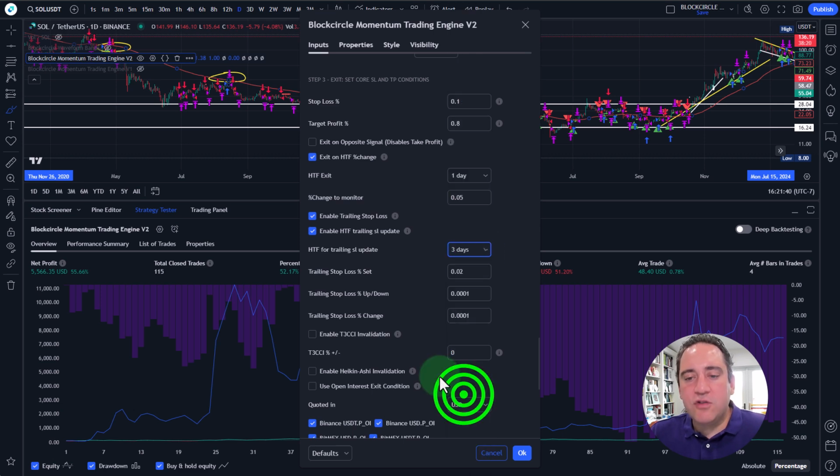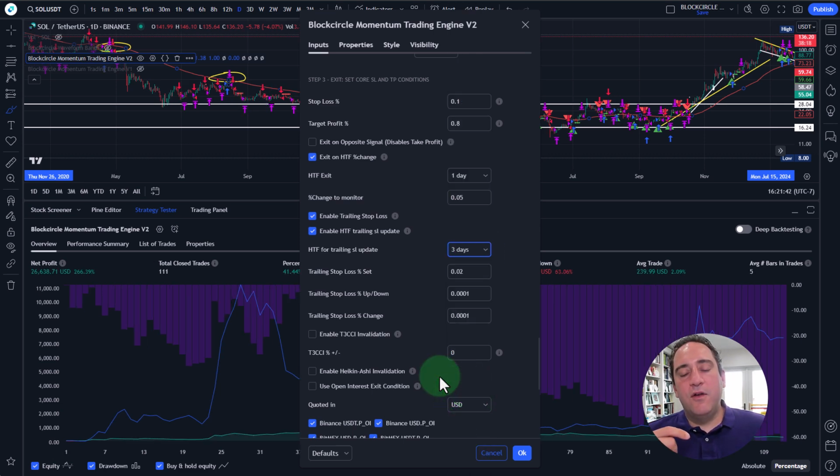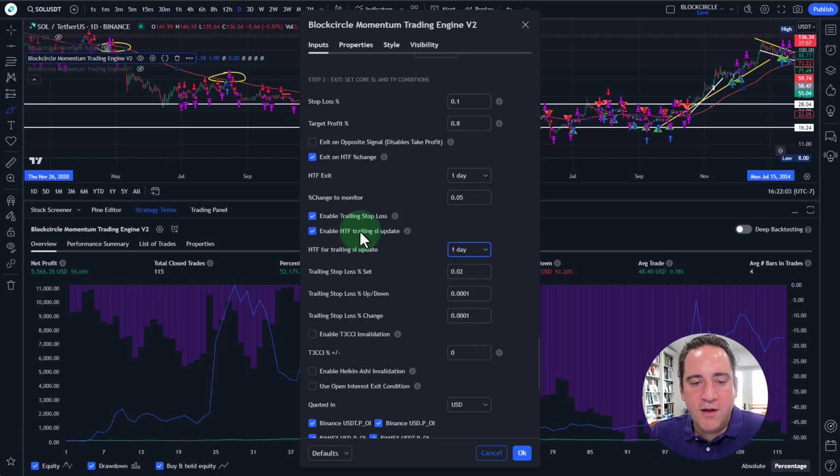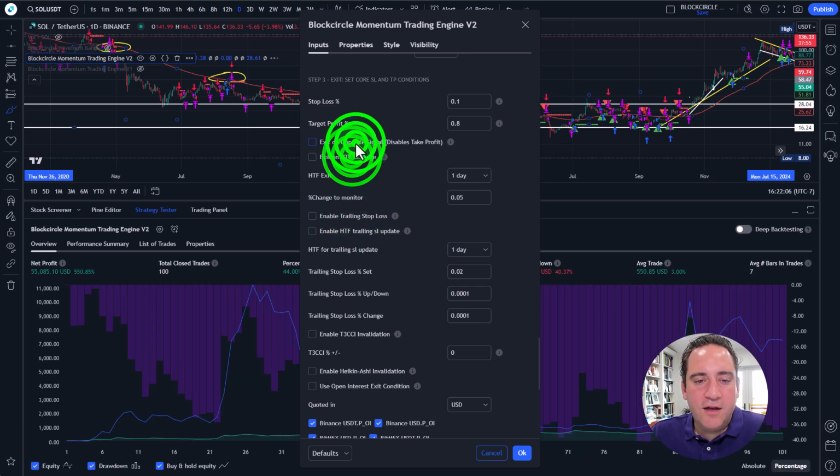So rather than being so incredibly reactive and lightning fast in terms of the response to a trailing stop loss being hit and invalidating and closing the trade, why don't you try to experiment with using a higher time frame, 3 days rather than 1 day. It gives you a little bit more assurance if you want to do that, right?